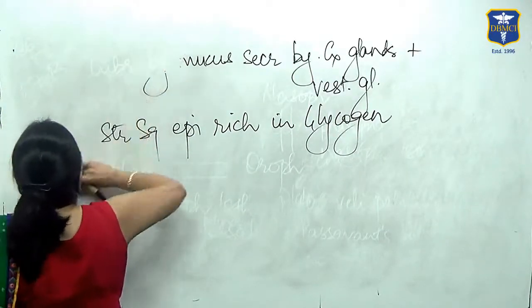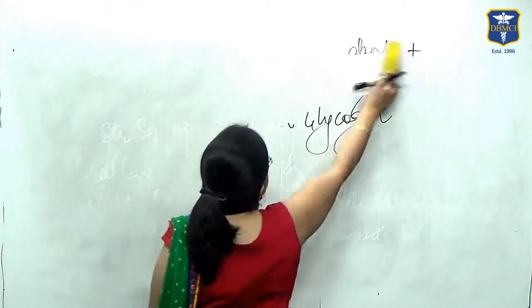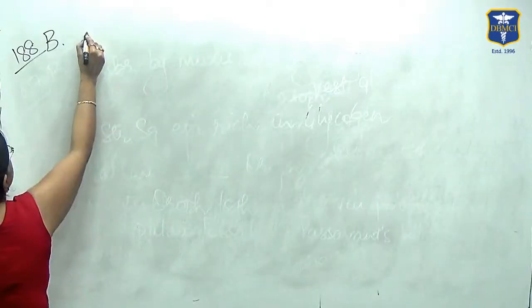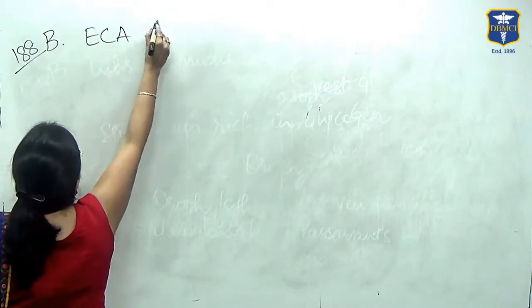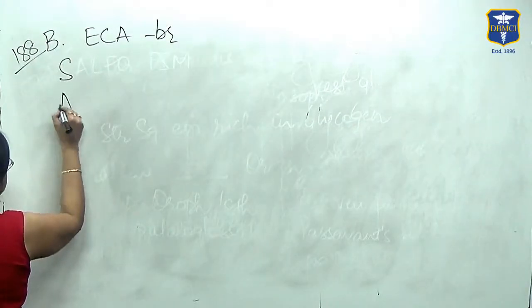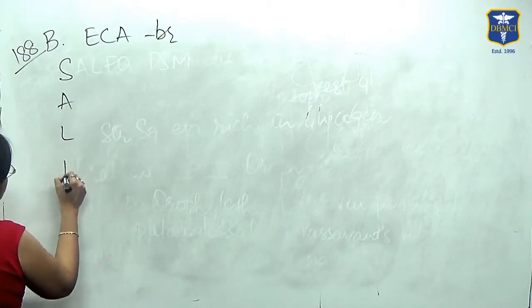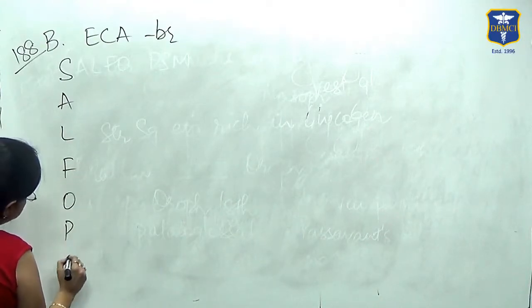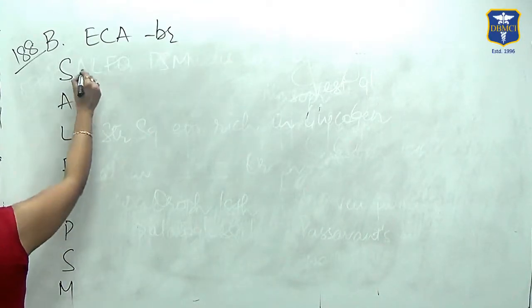Question 188, the answer is B. For the branches of the external carotid artery, remember Salfo PSM.